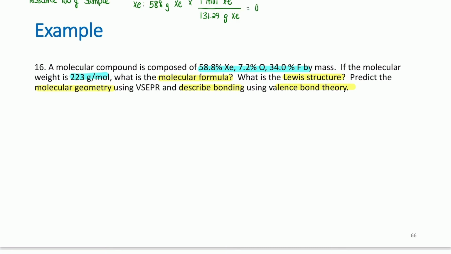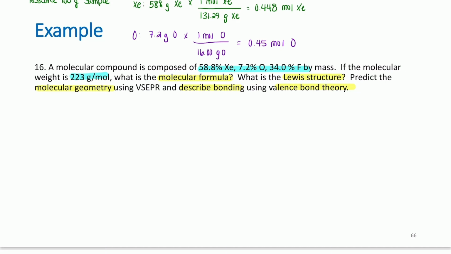This gives you 0.448 moles of xenon. If I look at oxygen, I have 7.2 grams of oxygen in this 100-gram sample. 1 mole of oxygen to 16 grams of oxygen gives me 0.45 moles of oxygen.